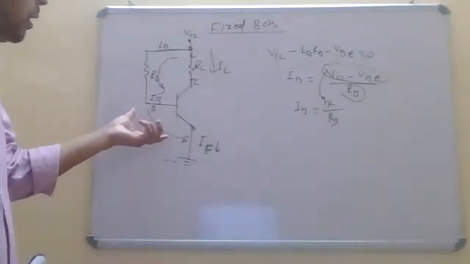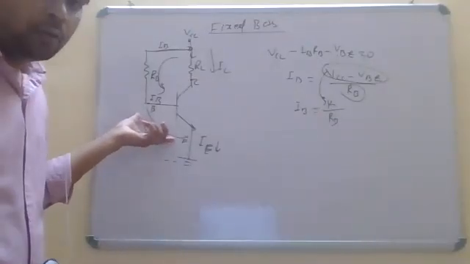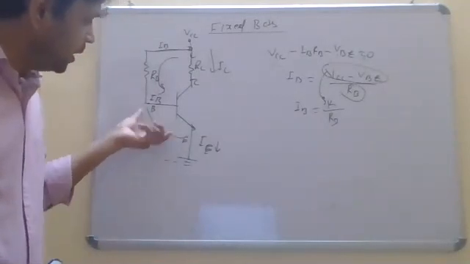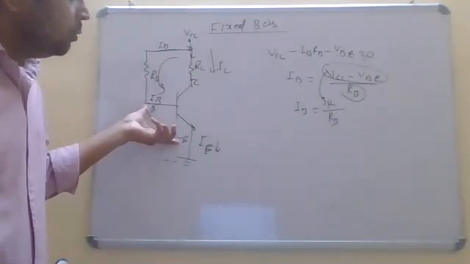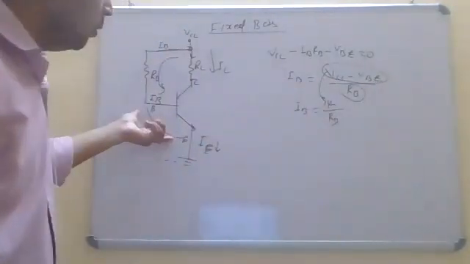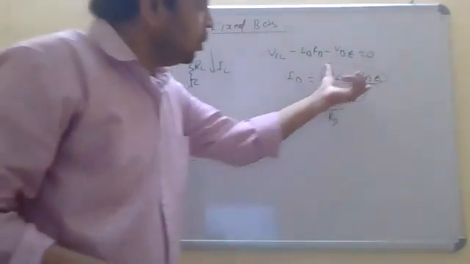VBE is also dependent on the RB, right? Actually yes, it depends, because when you fix 0.7 volt for the base to emitter, it will be constant here.